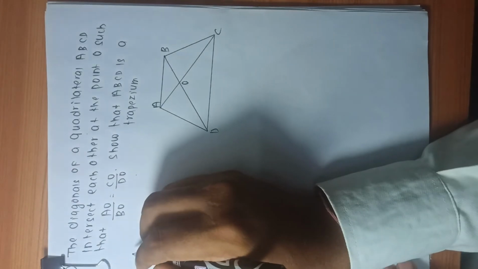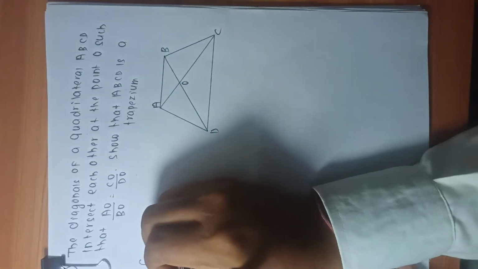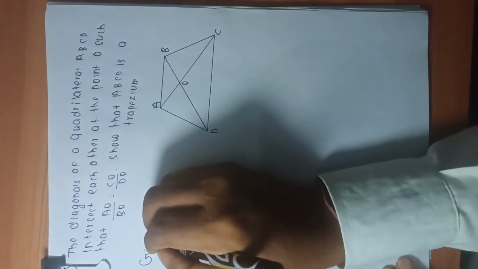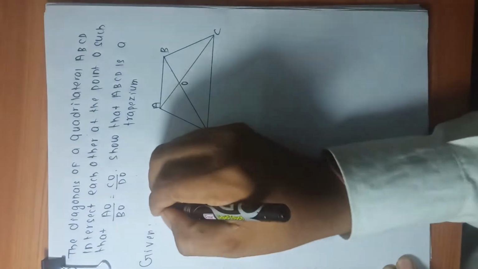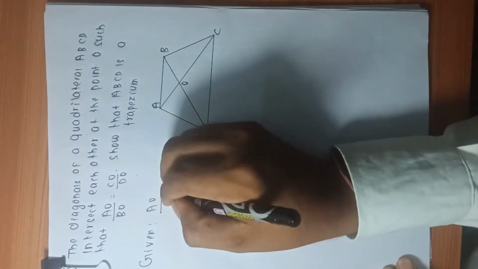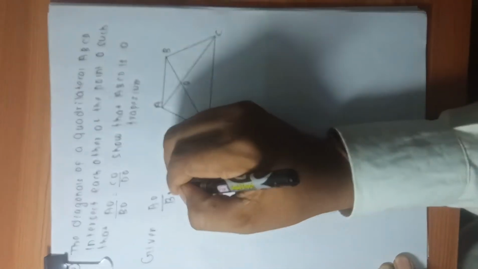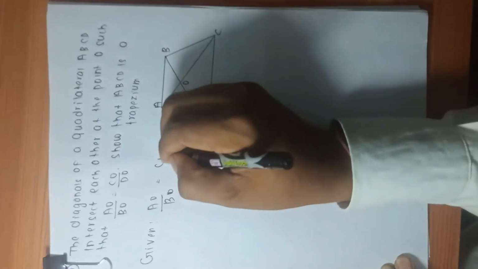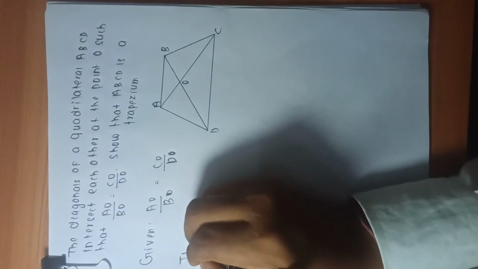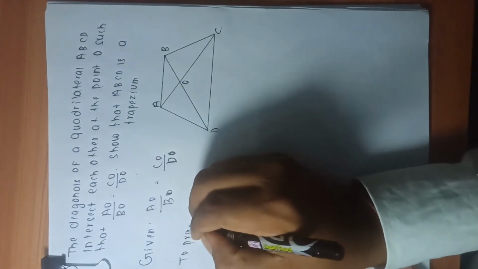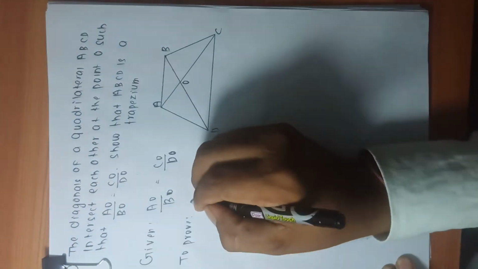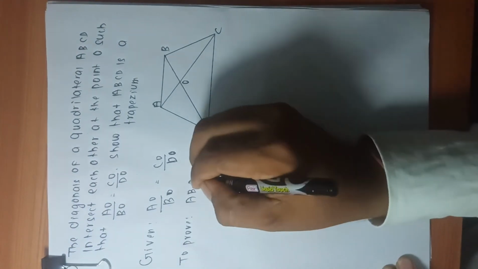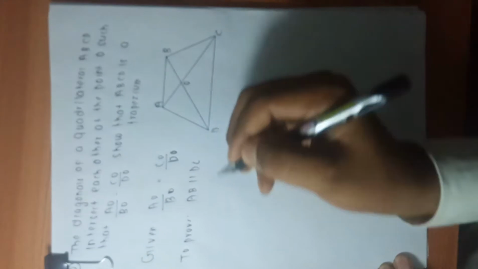So first of all, we can write the given part. Given that AO by BO equals CO by DO, which is already mentioned in the question, and we need to prove ABCD is a trapezium, meaning AB parallel to DC.